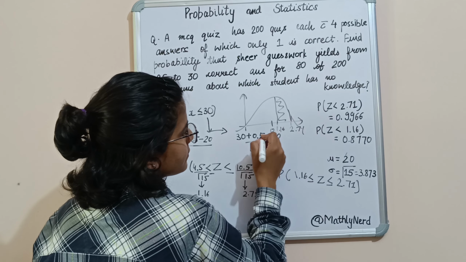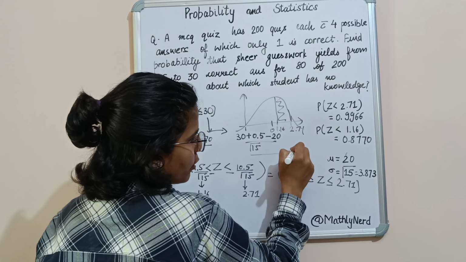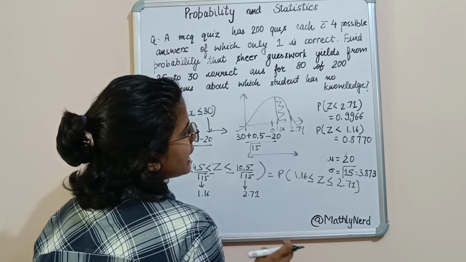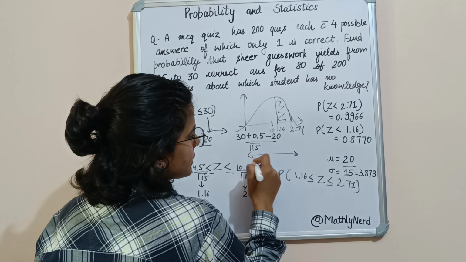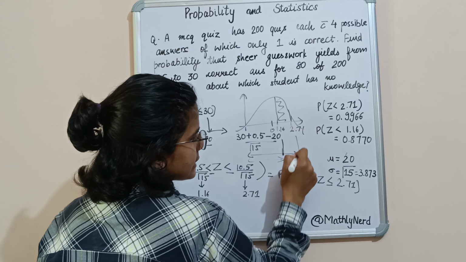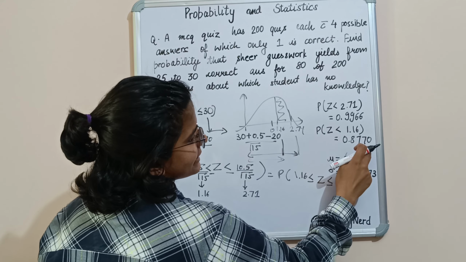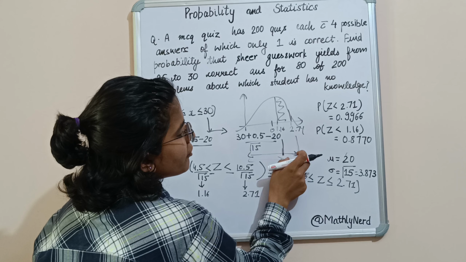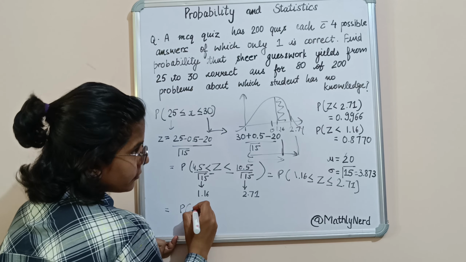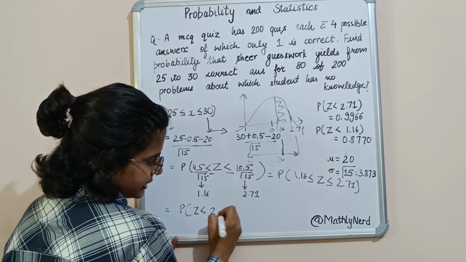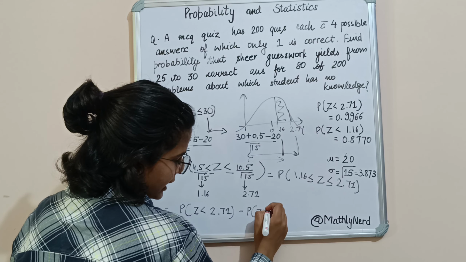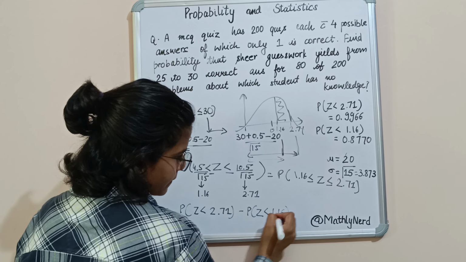Now we are given this whole area till 2.71 as 0.9966 and this area till 1.16 as 0.8770. So if we want to find this area, this will be equal to the probability of z less than 2.71 minus the probability of z less than 1.16.